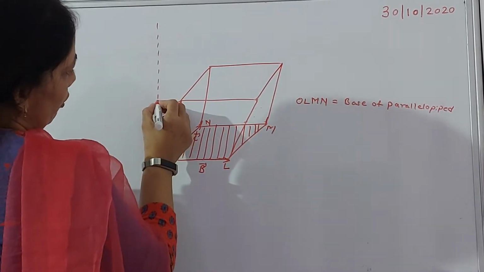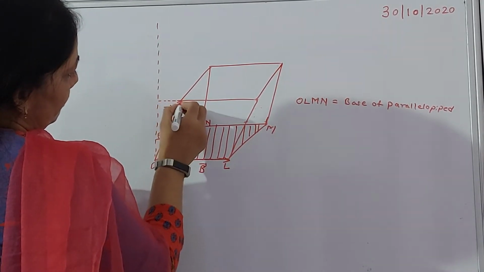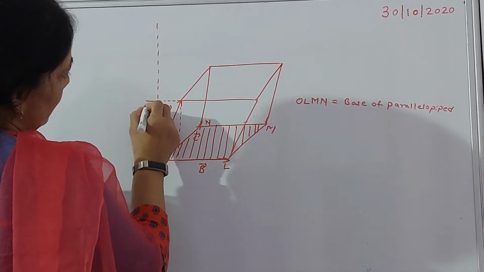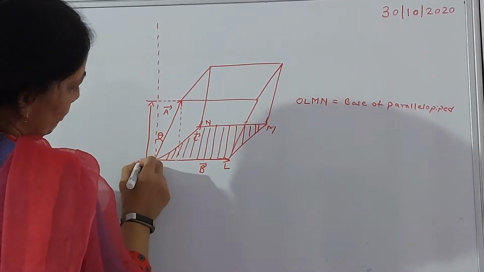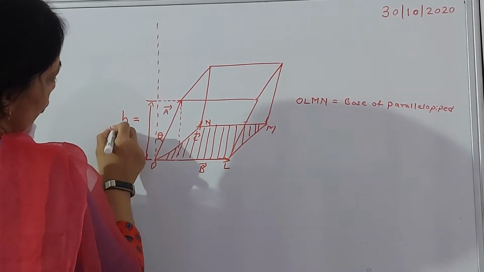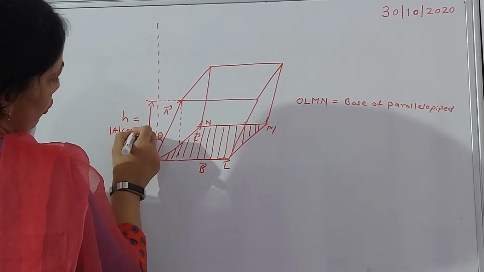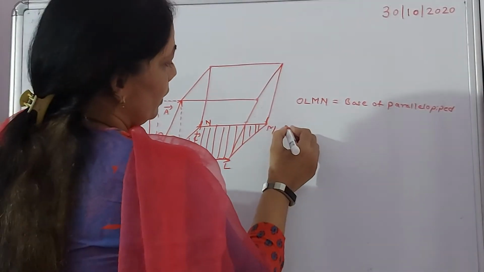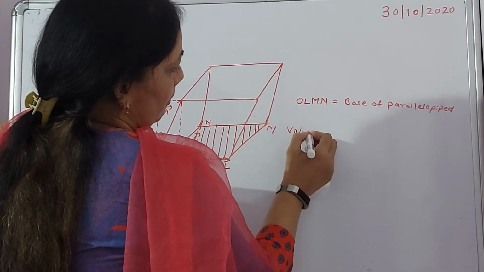Correct? So if I draw a perpendicular here, this part gives me what is called H, equal to mod of A cos theta. Right? So what is the volume of the parallelepiped?